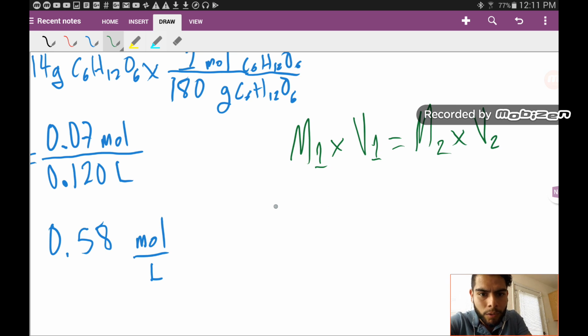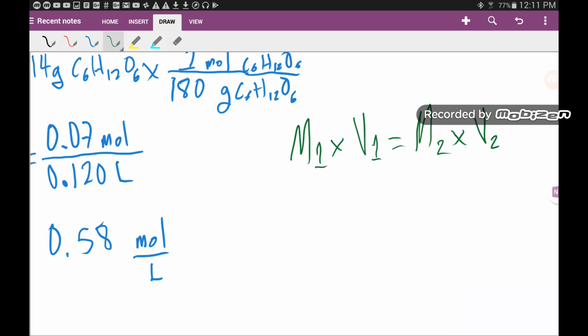And we have our initial molarity, which is 0.58 moles per liter, multiplied by the initial volume, which is in liters, 0.120, equals the molarity 2, which is what we're trying to find, times the volume 2.